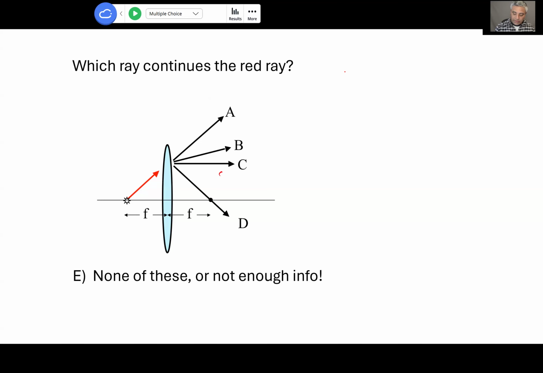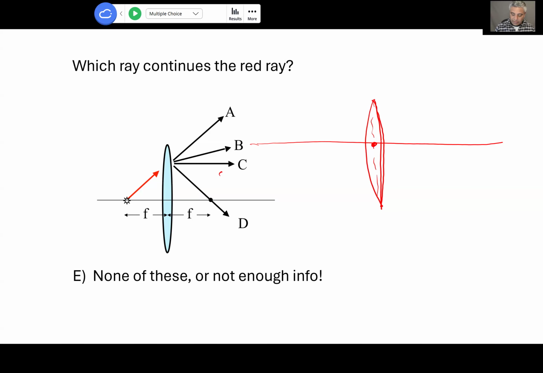So once you know that, let's see if we have something like this. Let's make a lens over here, like that. Of course, my drawing is not symmetric, but I'm assuming it's symmetric.